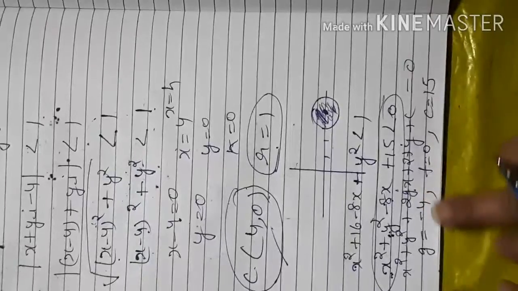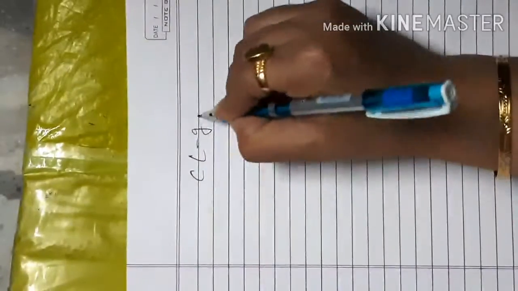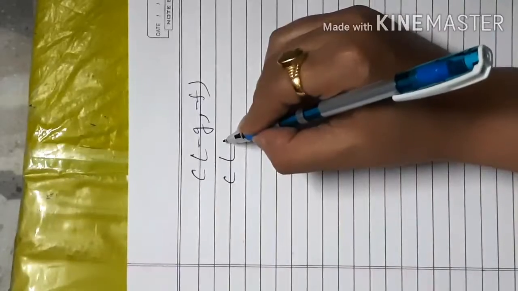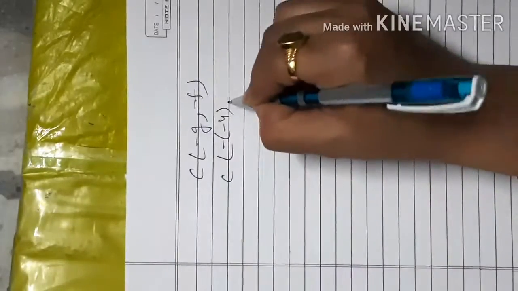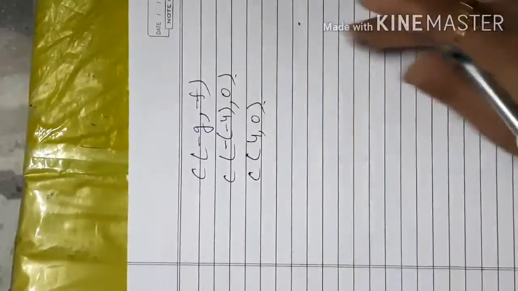So I extract only g, f and c from that. Now I apply my formula, the center of the circle is (-g, -f), and my g value was -4 and f is 0. So that is the same as my center of the circle, 4, 0.